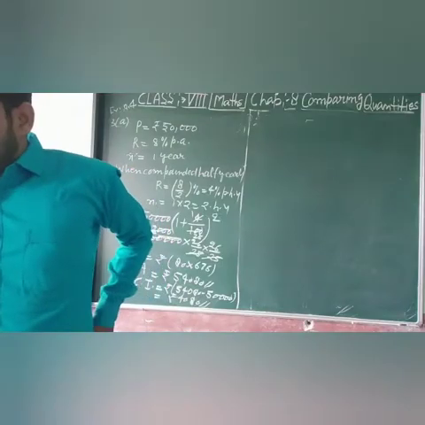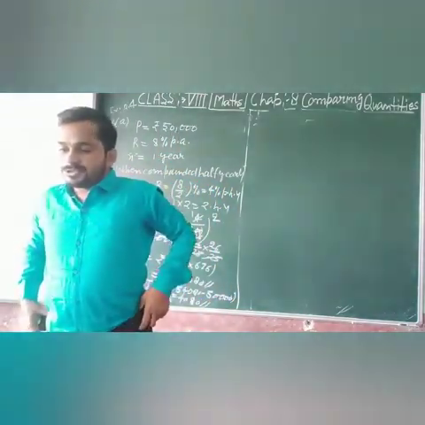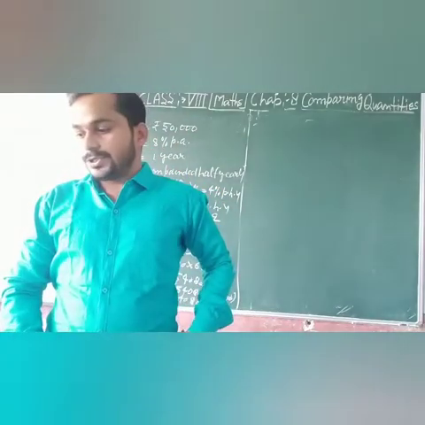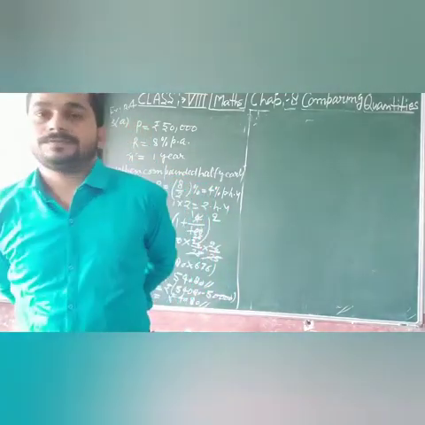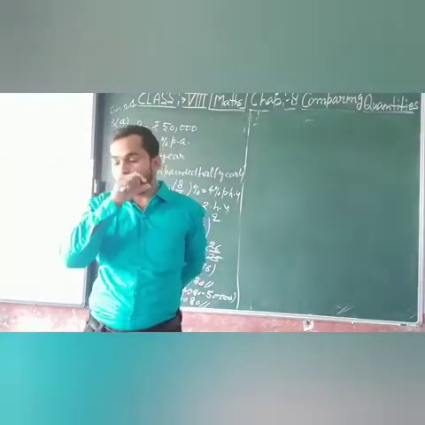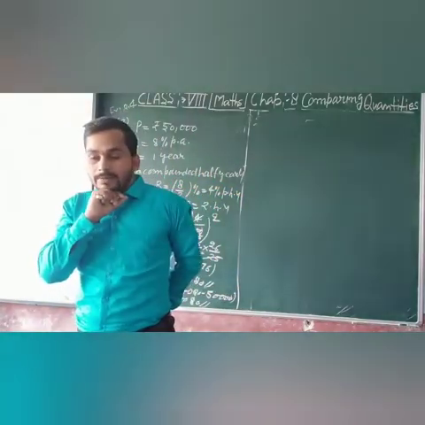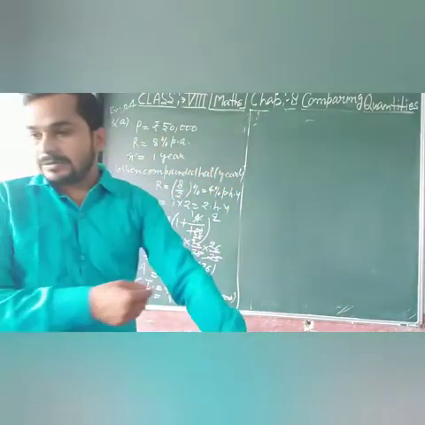Now the B part of this question you have to solve by yourself. Same process. Principal is given 1,000, rate is 20%, and n is 2 whole 1/2 years. That is 5/2 years. When we convert into half yearly, multiplied by 2, that is 5 half yearly.